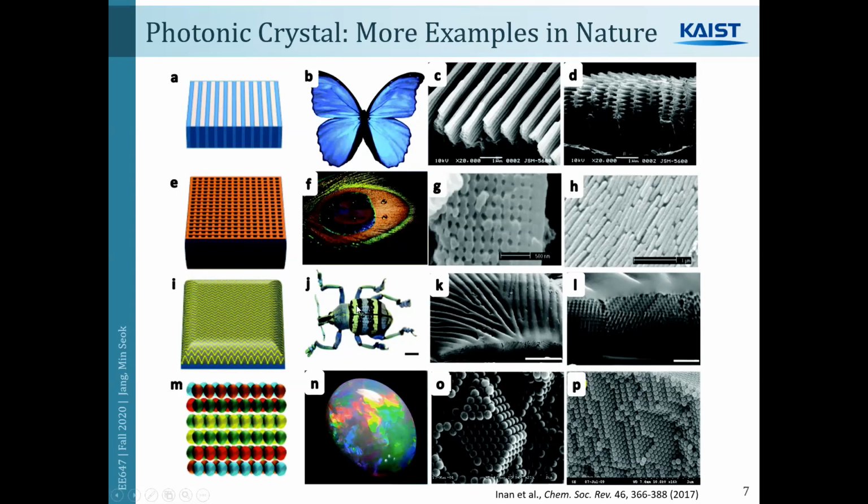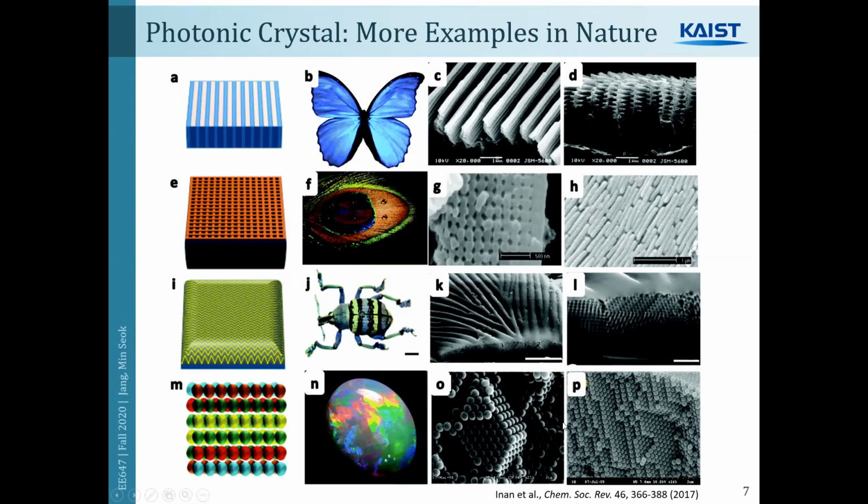Again, this bright, vivid color contrast is not due to the constituent material. It's due to the structure of the material. And also, this is opal, which is a famous gemstone, and this opal tends to have this structure.